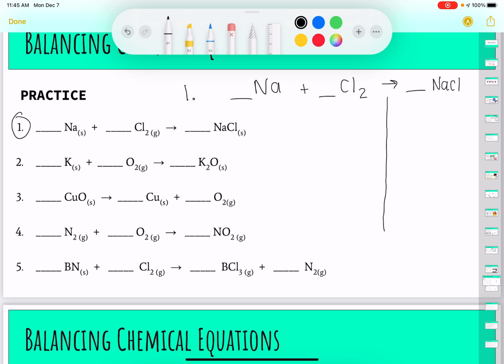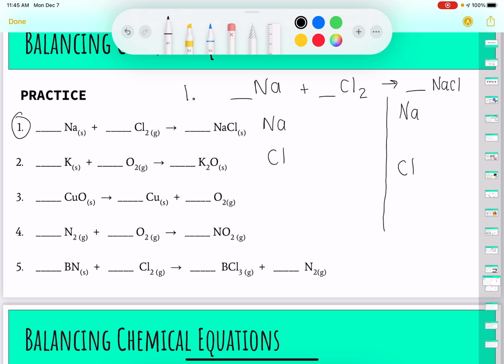Okay? My next step is I'm going to tally up all of the elements that exist on each side. So for this one, we've got Na on this side and we've got Cl. Notice I'm not putting this 2 there because that 2 is not part of the element, it's telling us how many of that element is there. So we're really only worried about the elements that exist. So those are the elements right off the periodic table, no numbers involved.